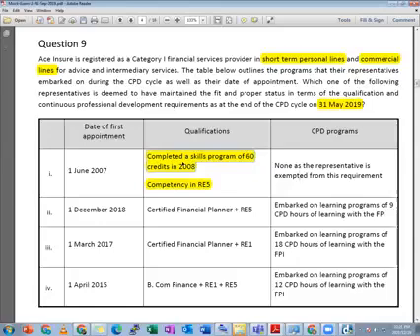So they say he's a certified financial planner. This means he did financial planning and he completed his qualifications. So he is qualified in terms of RE, right? He embarked on a learning program of 9 CPD hours of learning with FPI.